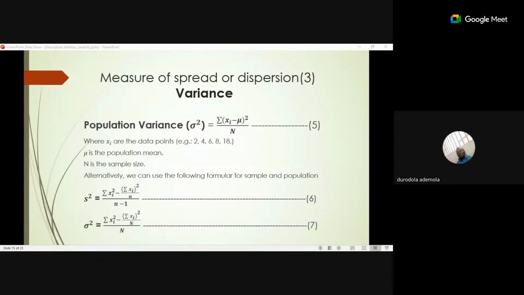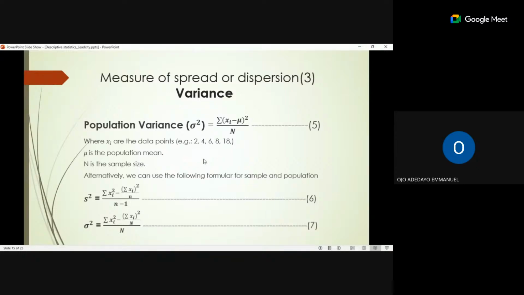According to that formula, it is only the first one that you mentioned that is not correct. Why? The first one, summation x sub i squared, simply means that you will first of all square your observations. You square 2, you have a value for it.